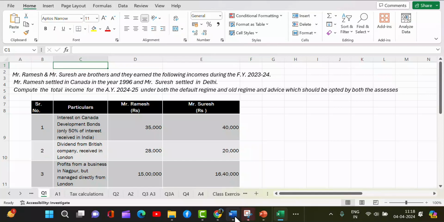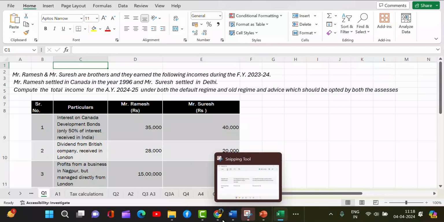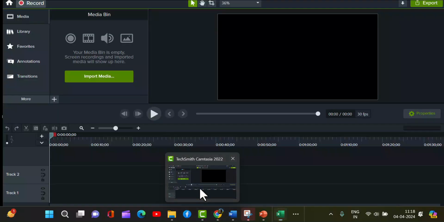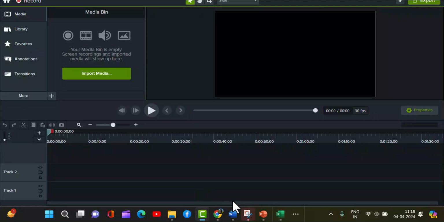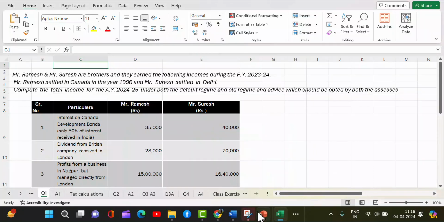Mr. Ramesh and Mr. Suresh are brothers and they earned the following incomes during FY 23-24.